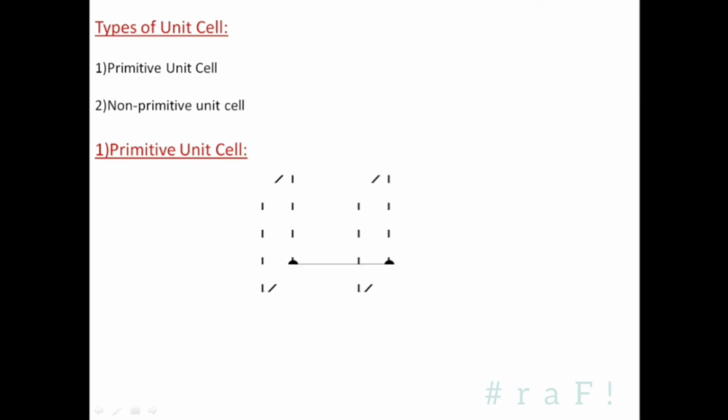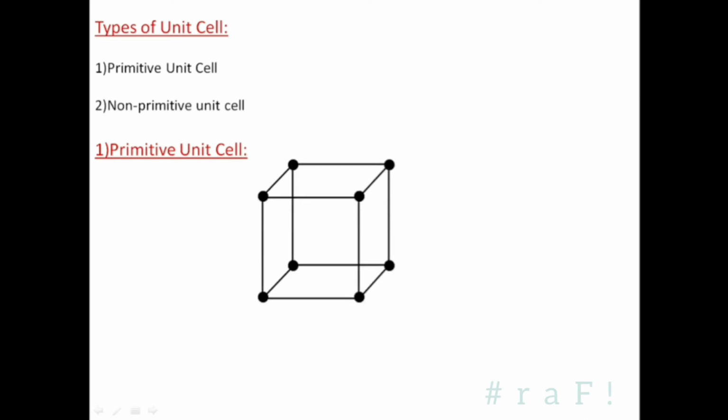See this figure. This is a cubic crystal structure, and this structure has 8 corners. Say 1, 2, 3, 4, 5, 6, 7 and 8.